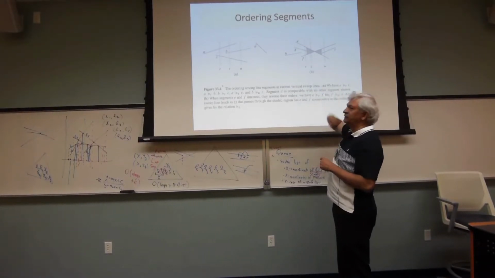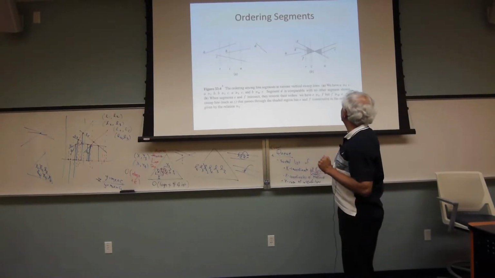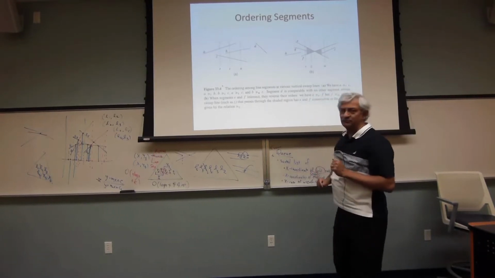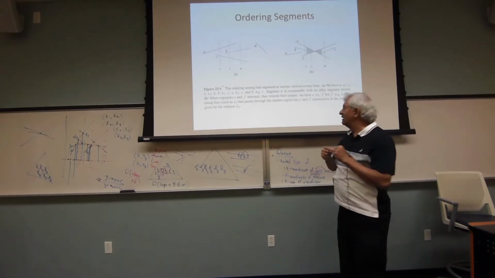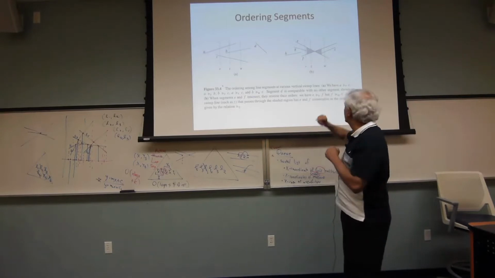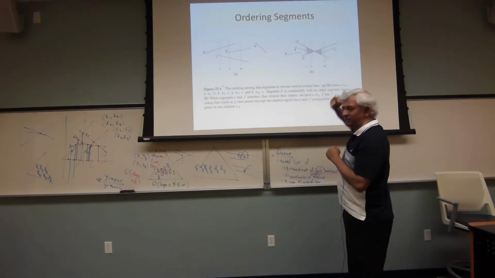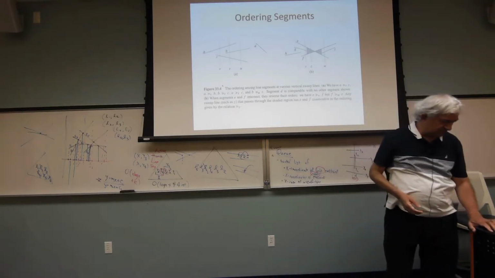And then after the intersection, they flip the order. F becomes higher than E, and then when I comes in, that gets inserted between F and E, and now you have to check for intersections between I and E and I and F. Yeah, so those are all things that happen.